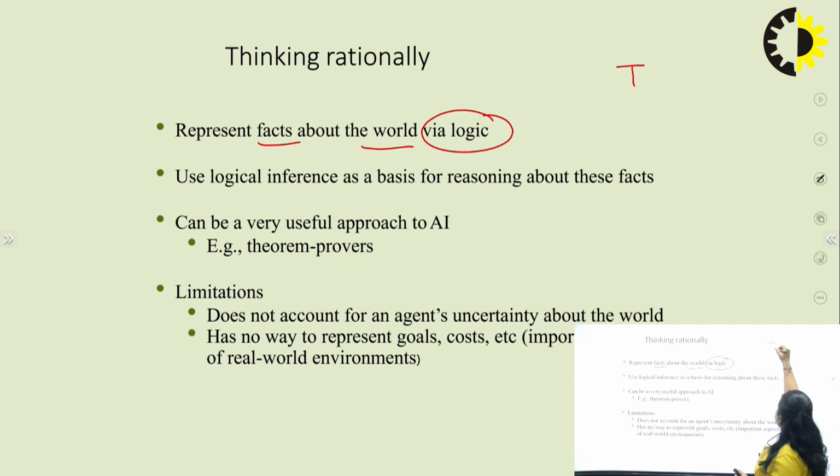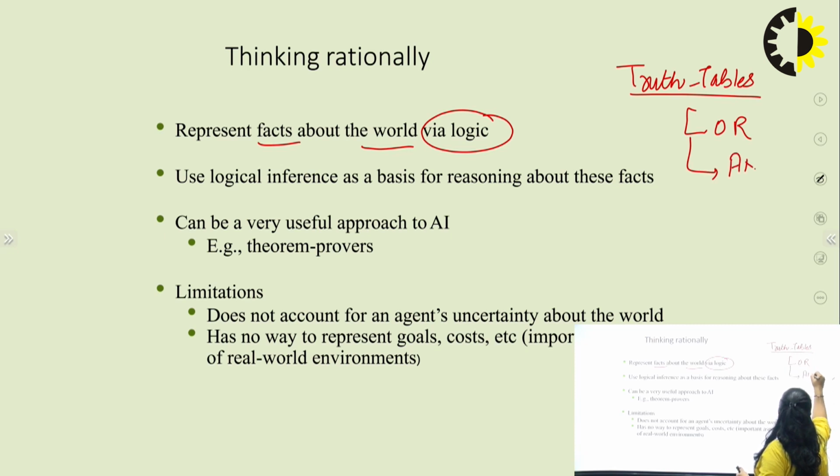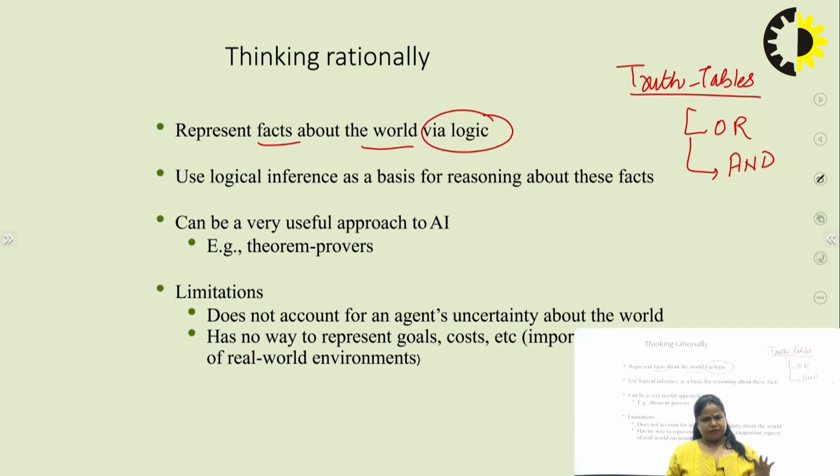Suppose I am talking about truth tables: there is a logic behind the gates, OR gate, AND gate, and so on. If I am talking about the negation gate, there is a logical inference in that system, and there is a fact behind that system. So we have to use that approach only, right?